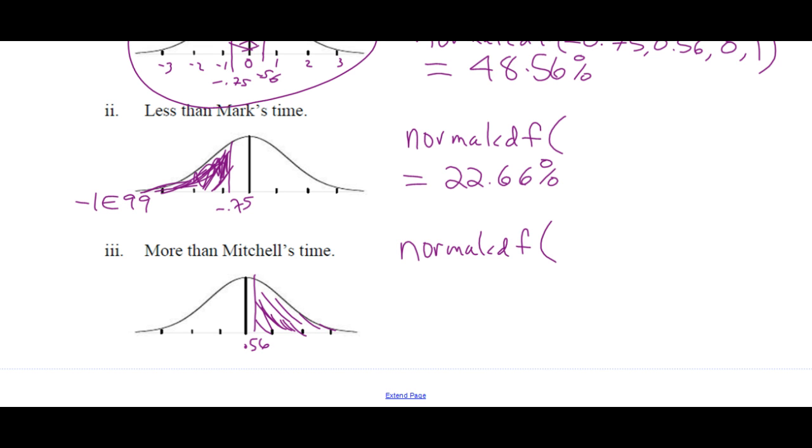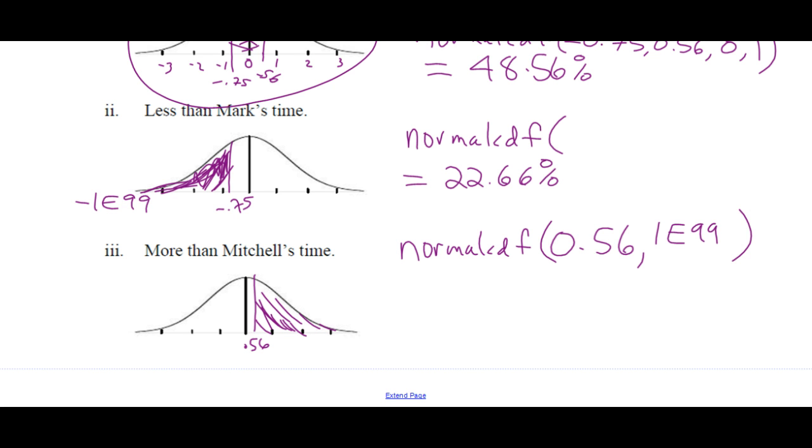Our low value is 0.56. What do you think we're going to use for the high value? Positive 1E99.